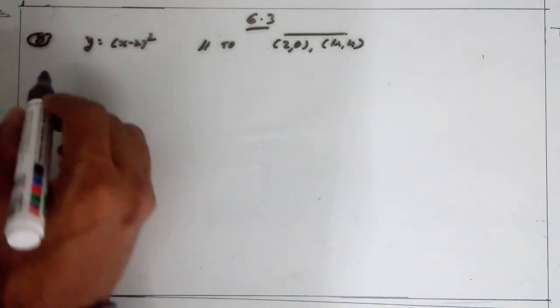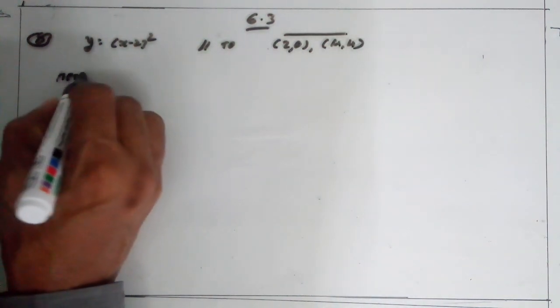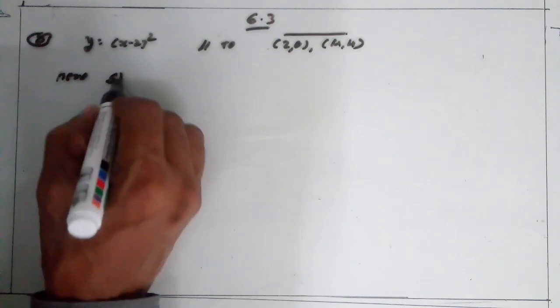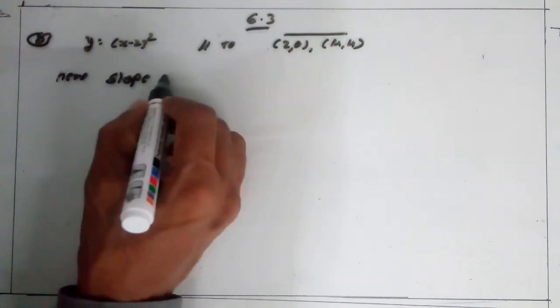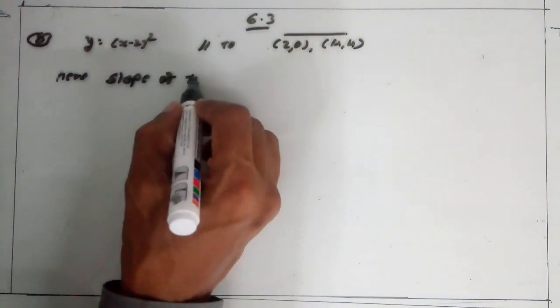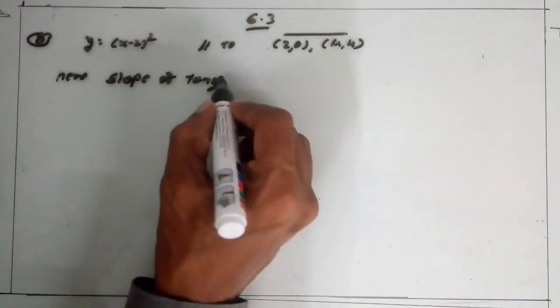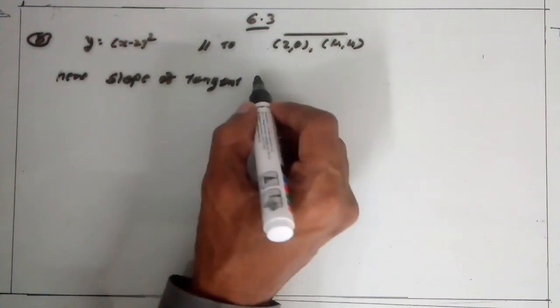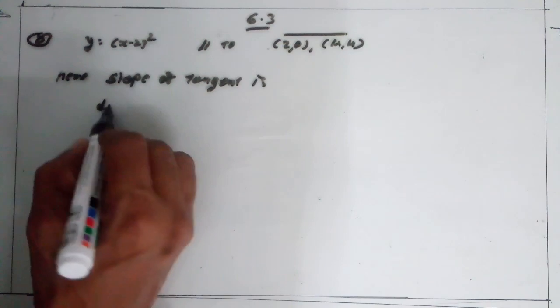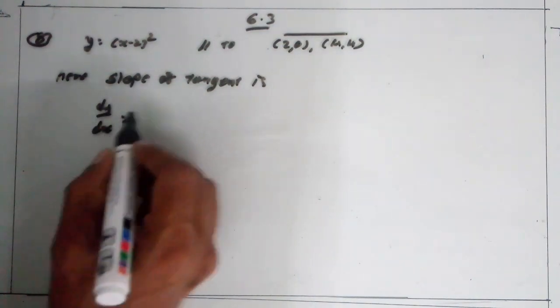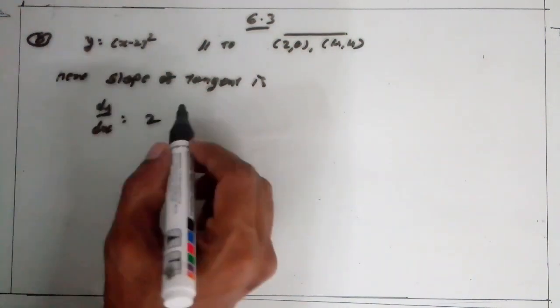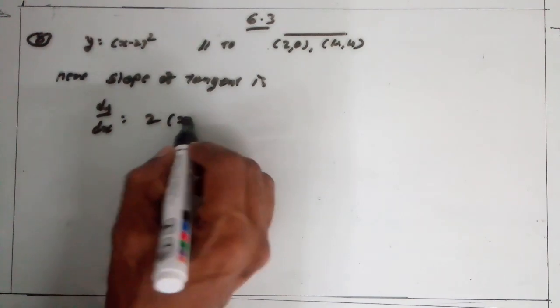Clear? Here the slope of the tangent is dy/dx, the derivative of this, which is equal to 2 into (x minus 2).